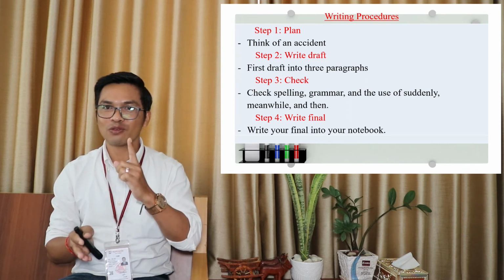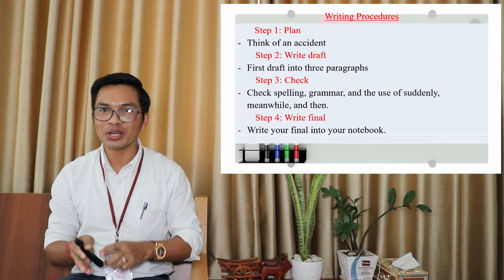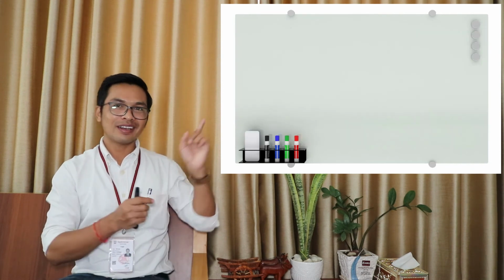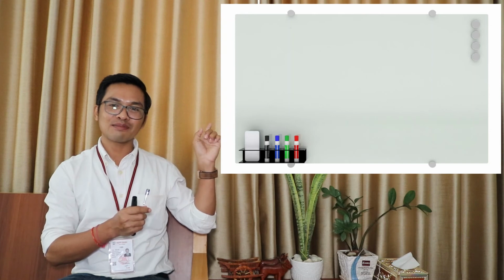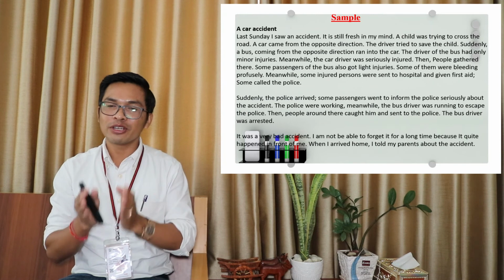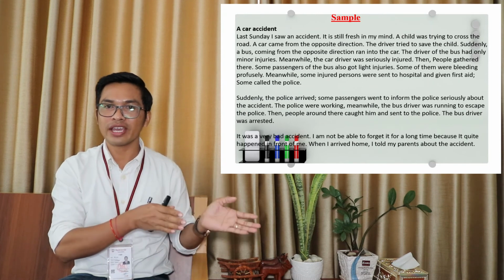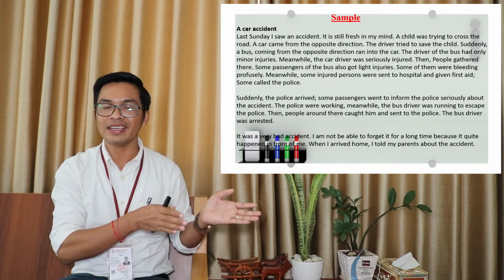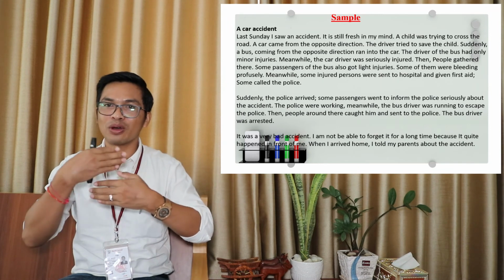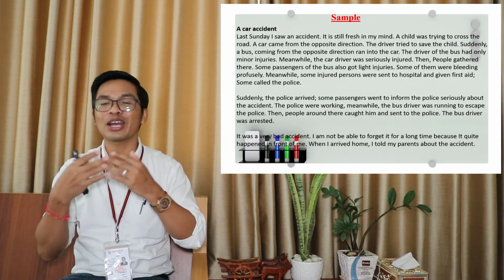Right, let's start with our sample here. I will give you the sample and then give you homework. Alright, let's read the sample with me, and I hope you can combine this sample with the words from the previous screen to understand more. A car accident.